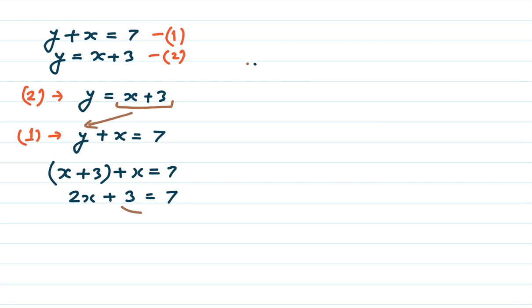Take the 3 to the other side, so this will simplify to 2x is equal to 7 minus 3, which is 2x is equal to 4.